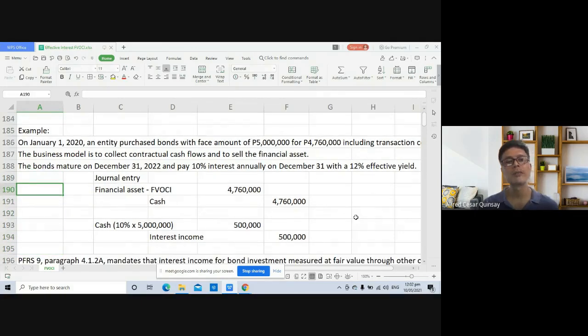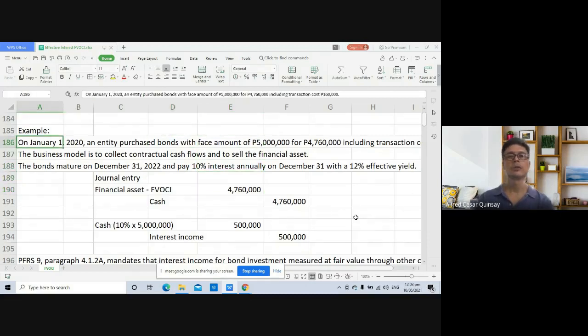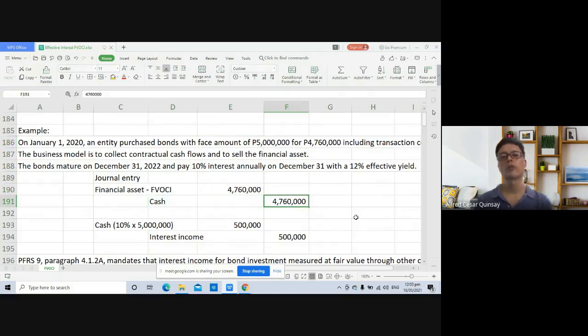So debit financial asset, FVOCI, for 4,760,000. That's the purchase price. And then credit cash for 4,760,000. Okay, so exchanging one asset for the other.